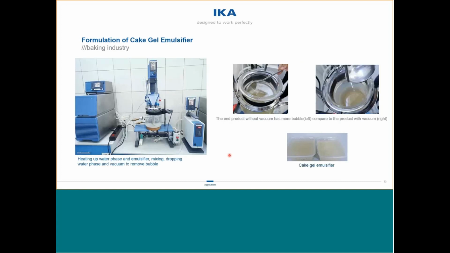If you are facing a bubble problem in your end product, like our customer from the baking industry, they wanted to use our lab reactor system to heat up their water phase, emulsifier, and mixing process. During the formulation, they are required to add their water phase into their mixture drop by drop.